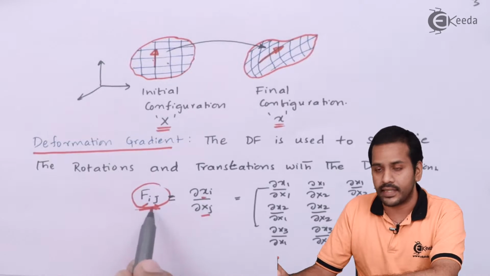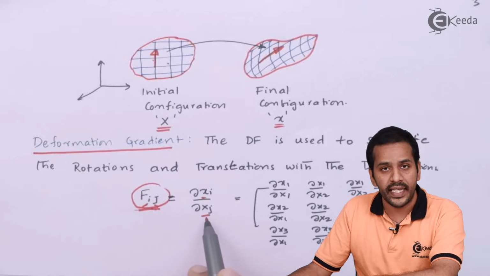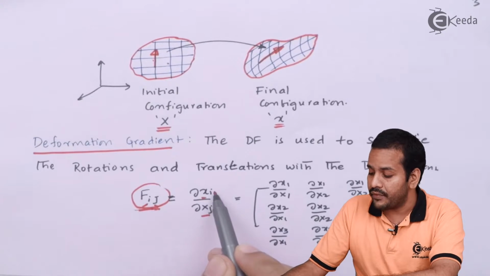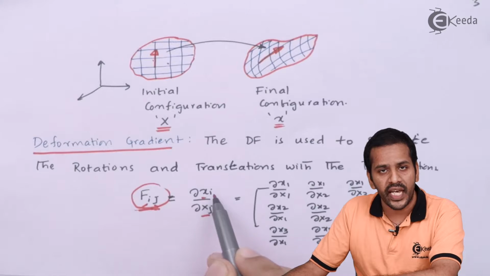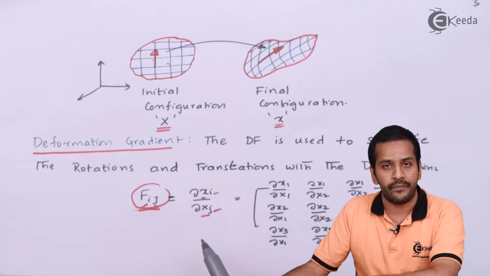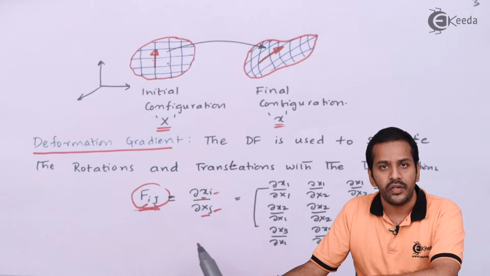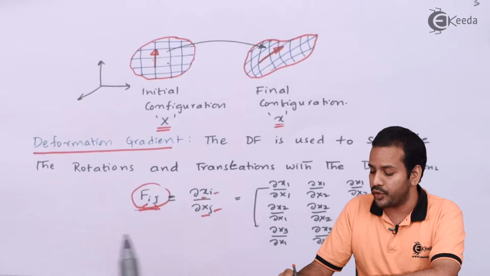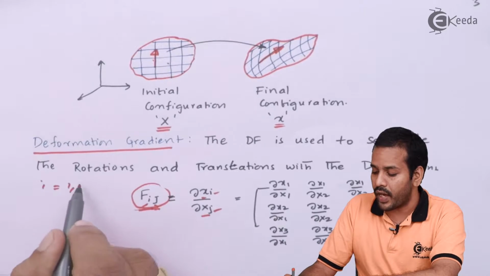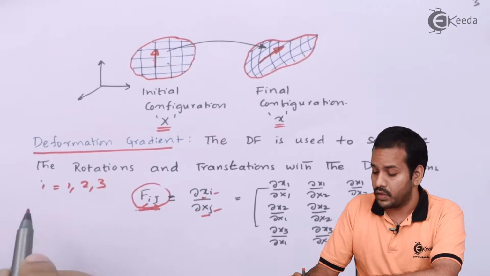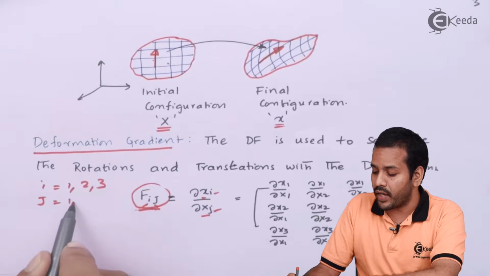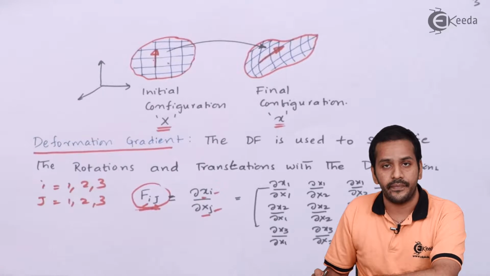If you expand this, dou small xi by dou capital Xj, how many free indices do we have here? We have i and j, where i runs from 1 to 3 and j runs from 1 to 3. That is, i will take values 1, 2 and 3, and j will take values 1, 2 and 3.